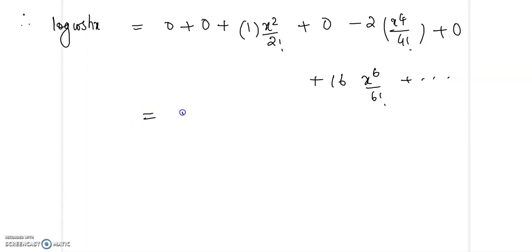So that is x square by 2 minus x raised to 4 by 12 plus x raised to 6 by 45.